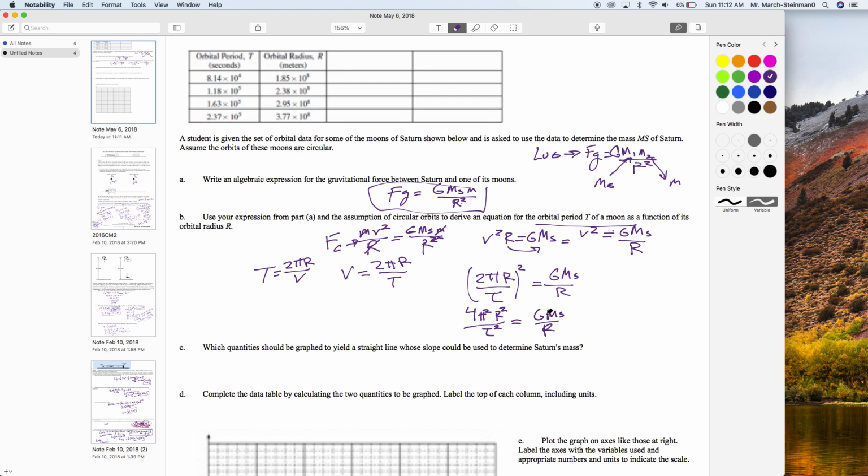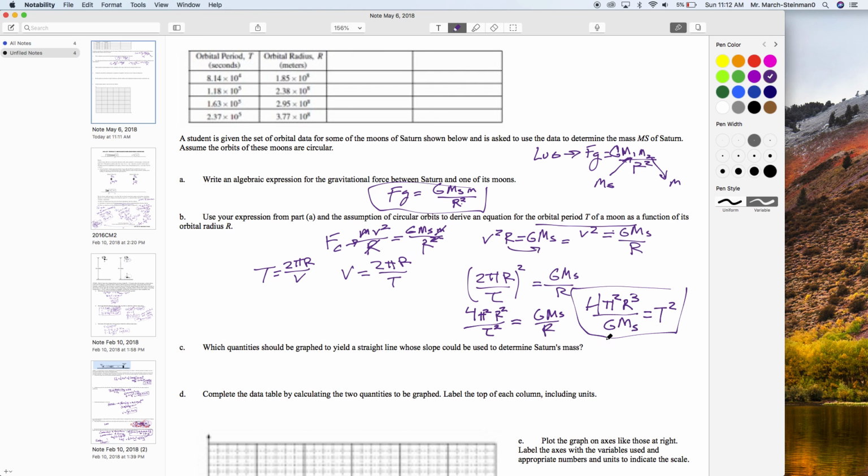And if we want to move this to the other side, with some algebraic manipulation I get 4 pi squared r cubed over G Ms equals period squared. And this is sufficient for solving this equation. It's a function of period squared in relation to radius on the other side.